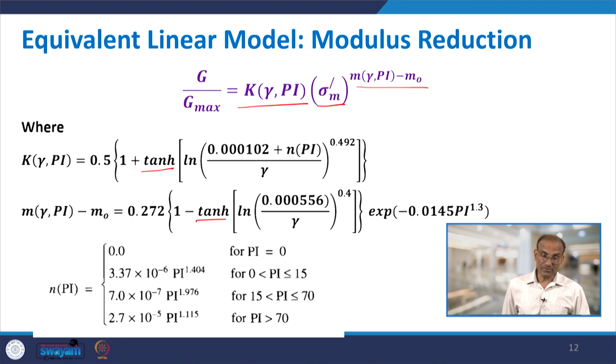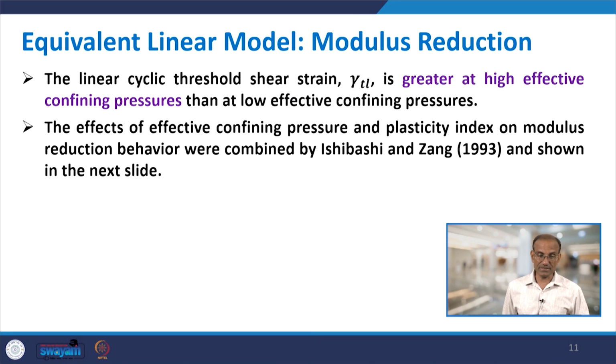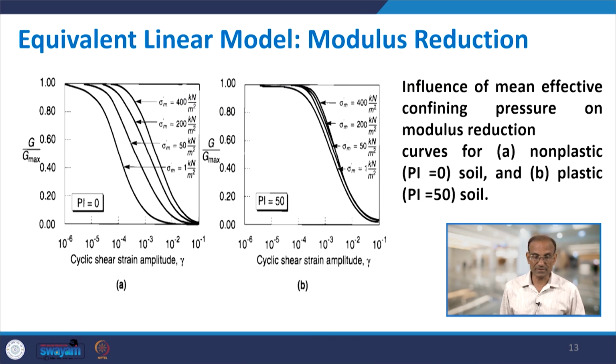Then what is the effect? We said that confining pressure also has an effect on this modulus reduction curve. For example, when PI equals 0, that means for sand, there are four curves here which separate out completely for different mean effective confining pressures. This is for 1 kPa, this is for 50, this is 200 and 400. And the value of G by G max, which was 1 here, if you increase the confining pressure, will continue to be 1 up to a higher level of strain.